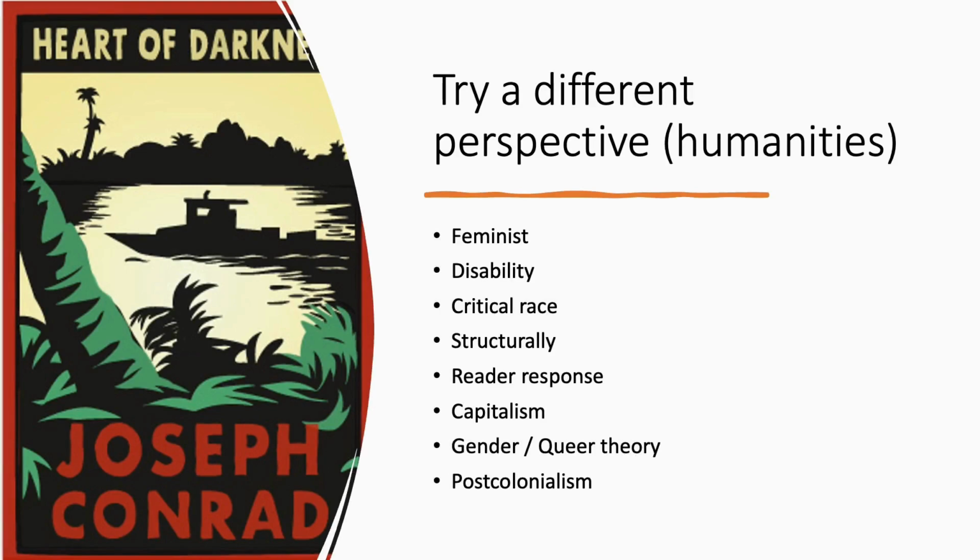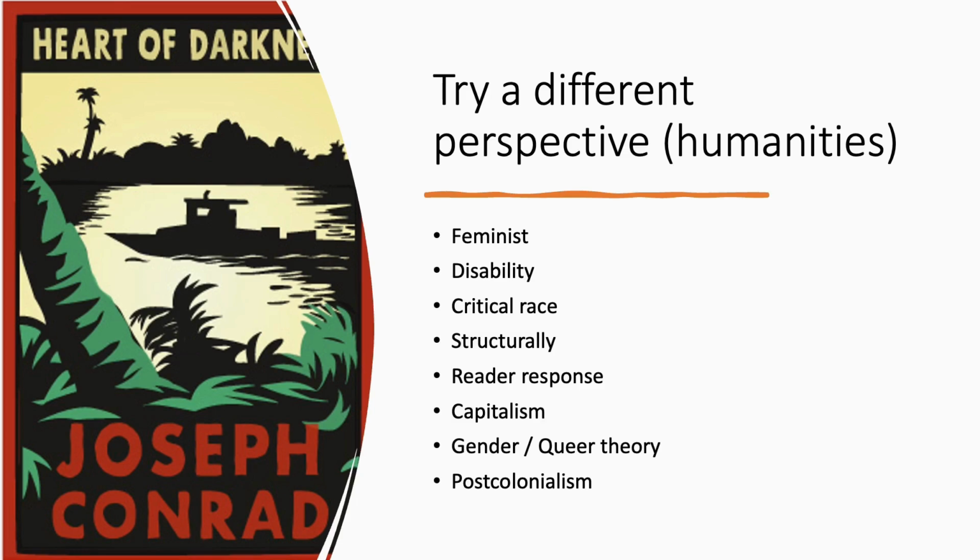One way to develop critical thinking skills in your course is to consider different perspectives. In the humanities, so let's say English, for example, you may have a novel like Joseph Conrad's Heart of Darkness. But we're not just going to read it as a novel, but we might read it through a specific lens.